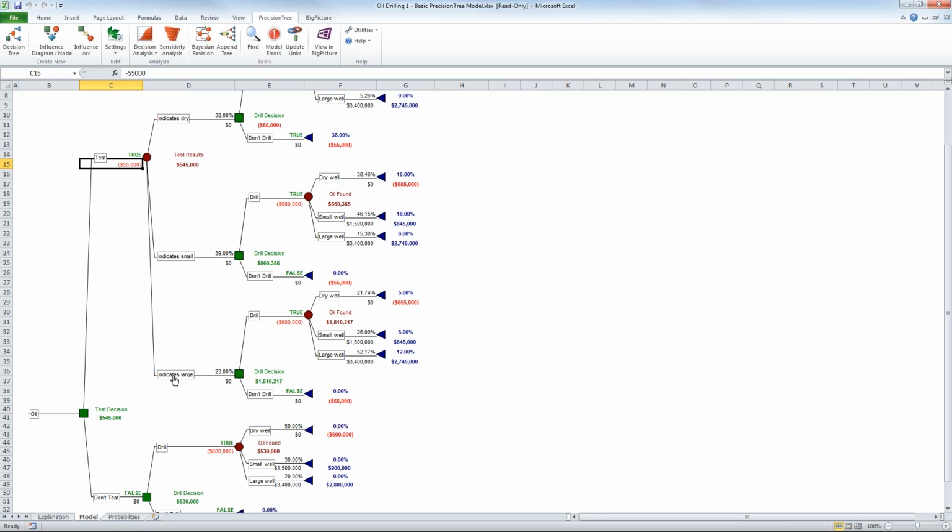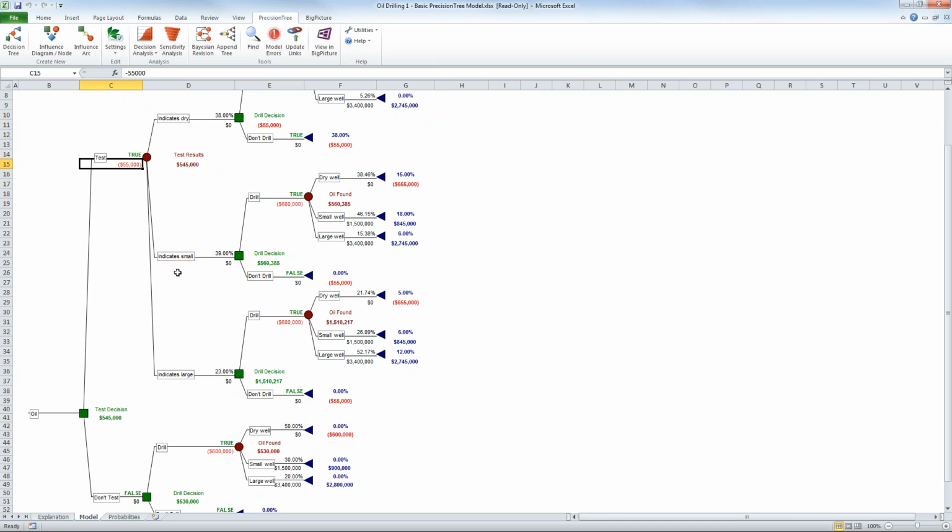So after each of these test results, and also in the case where no test is run at all, the company must decide whether to drill, which costs $600,000, and at what point. So are we going to drill here, or are we going to drill after we indicate that it's dry, indicates that it's small, indicates that it's large?